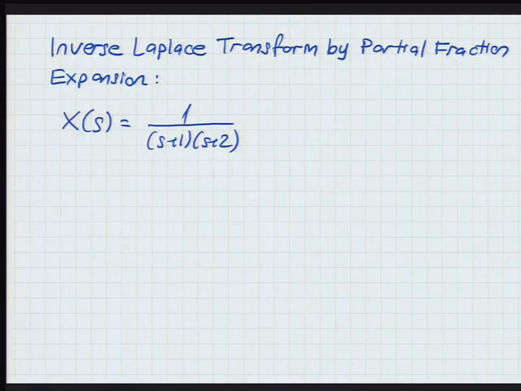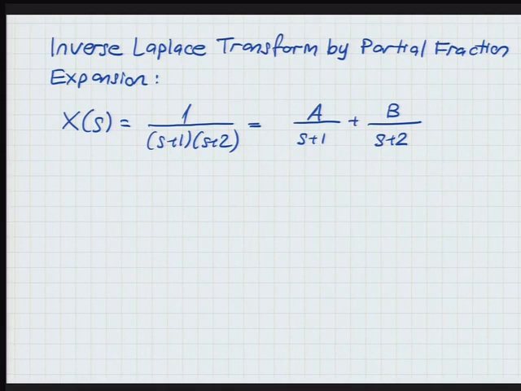So that's what we want to do here. So I'm going to write it as some number a over s plus 1, plus another number b over s plus 2, right? And if I can find numbers a and b such that this equality holds, going back to the time domain will not be an issue, because you've already seen examples where we had things like 1 over s plus something, right? So we can just use those examples to go back.